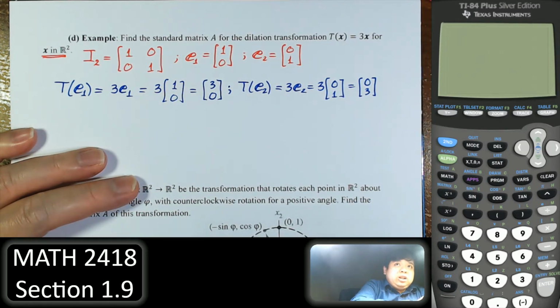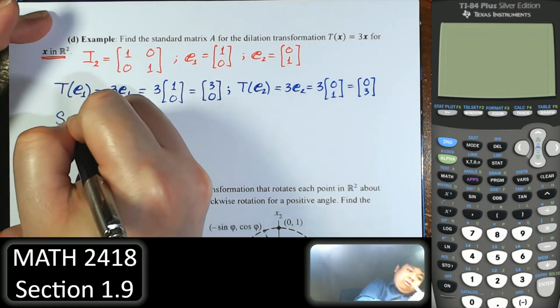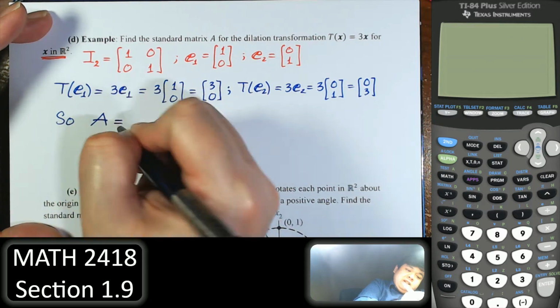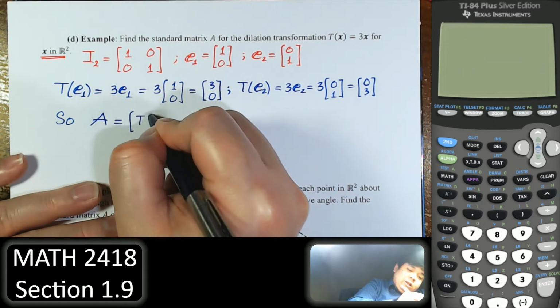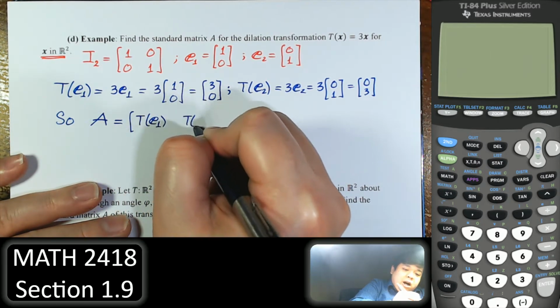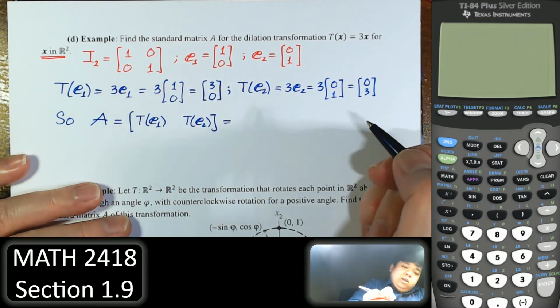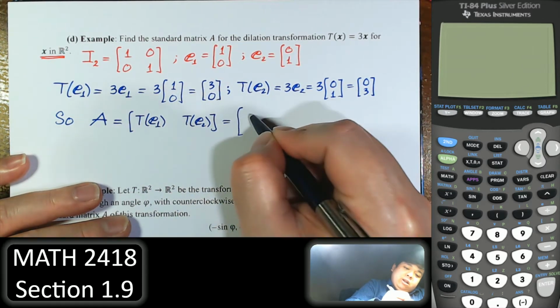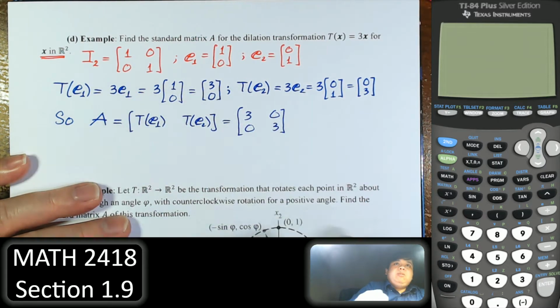And all we do is just stack the results. So the matrix for the transformation is equal to the transformation of the columns of the identity matrix. In that case, we just have 3, 0, and 0, 3.